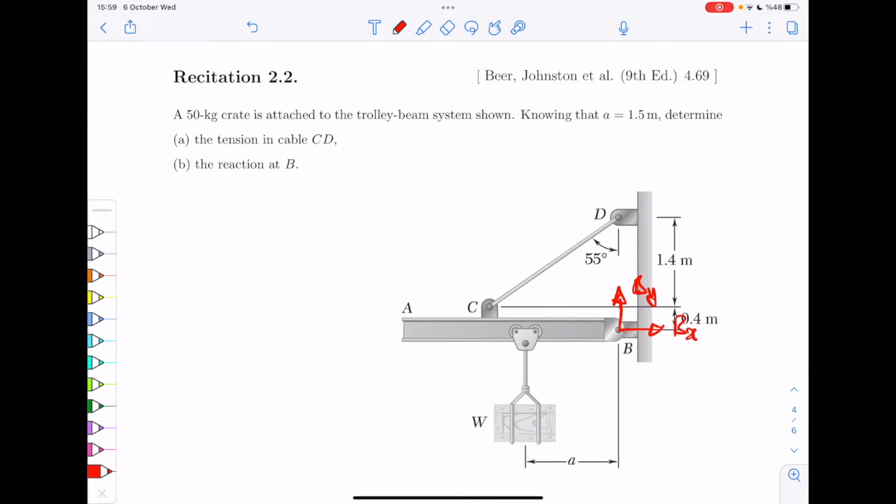Now, if I write the moments with respect to point B, and I set that to 0, this is our equilibrium equation, none of these two unknowns will enter the equation, right? So this is like a little trick that you can always think. When you write a moment equation, the unknowns at the point with respect to which you write the moment don't enter.